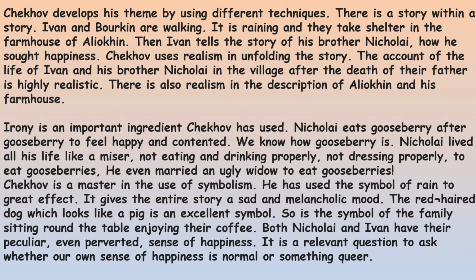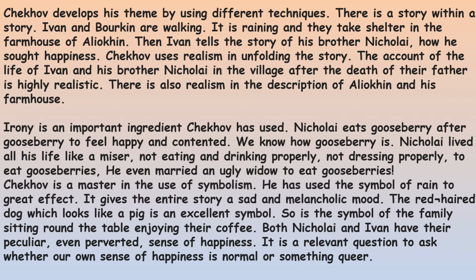Chekhov is a master in the use of symbols in his story. He has used the symbol of rain to great effect. It gives the entire story a sad and melancholic, very unhappy mood. The red-haired dog, which looks like a pig, is an excellent symbol. So is the symbol of the family sitting round the table, enjoying their coffee.